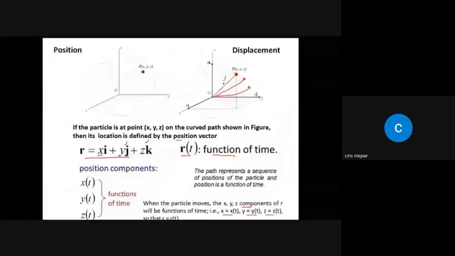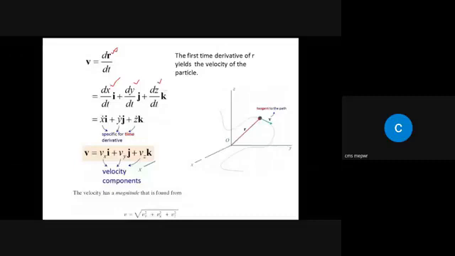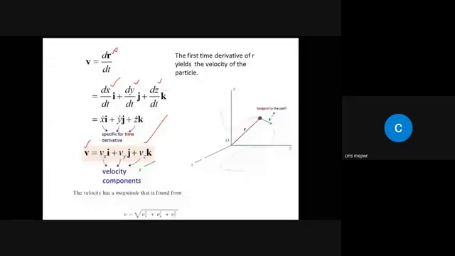If you put r as a value and take its derivative with respect to time, we will get dx by dt i, dy by dt j, dz by dt k. We can write dx by dt as x dot, where x dot means the first time derivative, and similarly y dot j and z dot k. We can also write this velocity in vector form as vx i, vy j, and vz k.